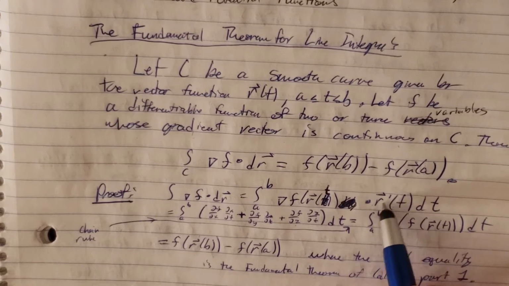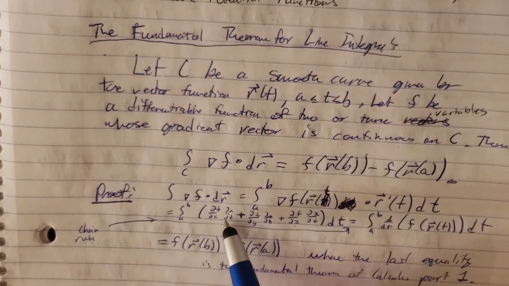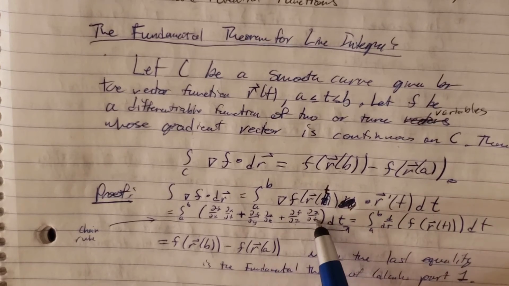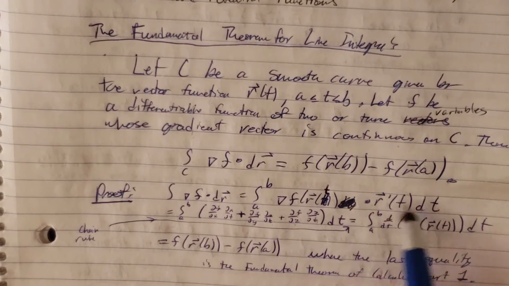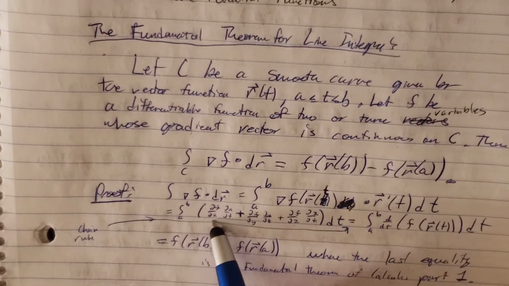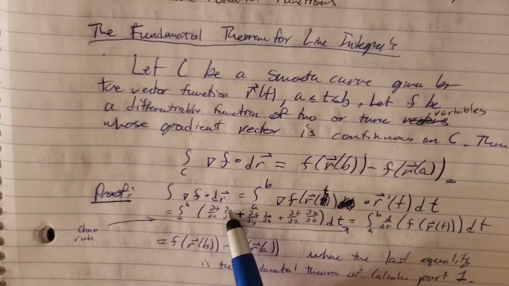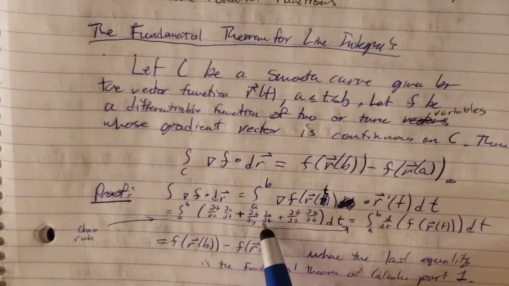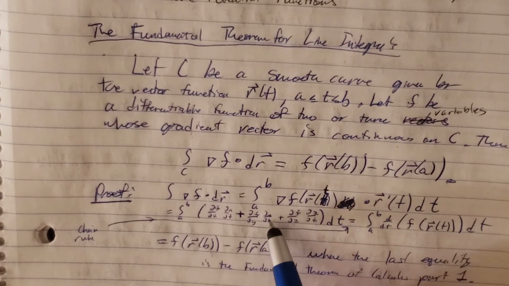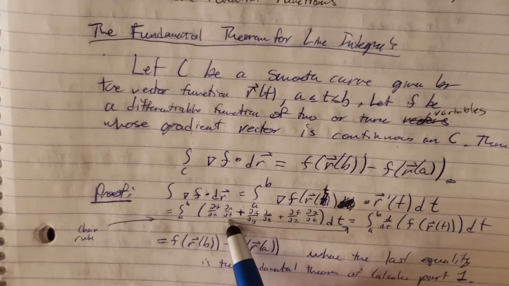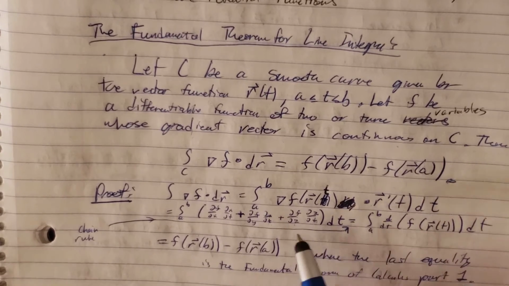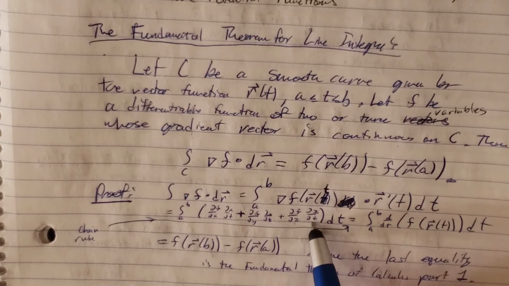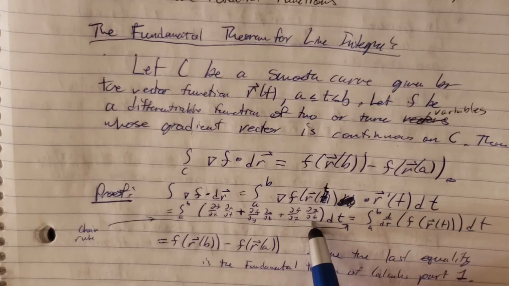We're dotting that with r prime, and r prime is dx/dt, dy/dt, dz/dt. So that dot product is just partial of f with respect to x times dx/dt, plus partial of f with respect to y times dy/dt, plus partial of f with respect to z times dz/dt.